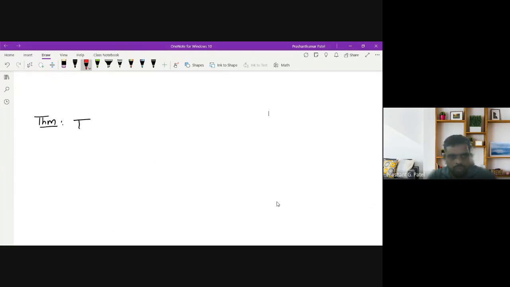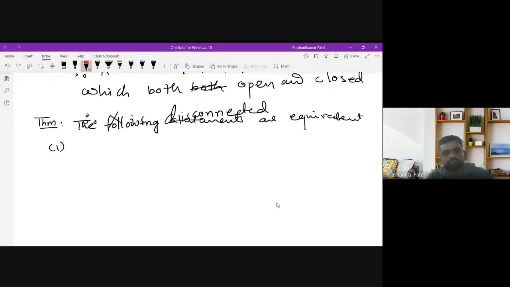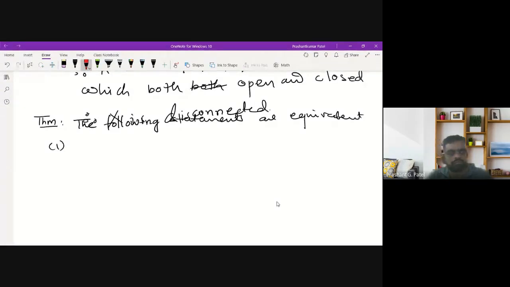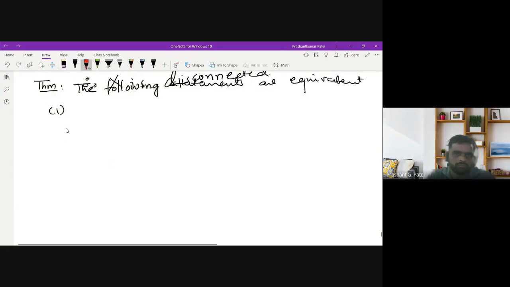So the following statements are equivalent. The first one: X is connected.